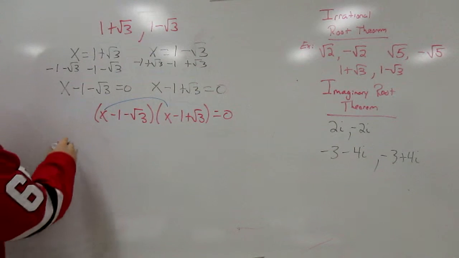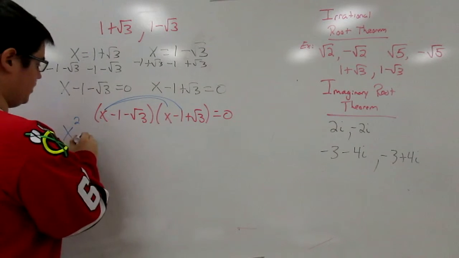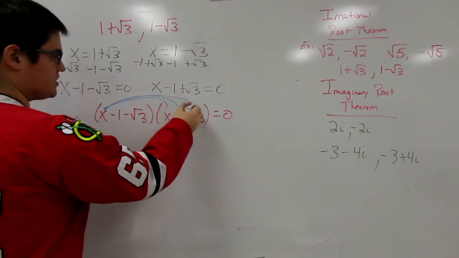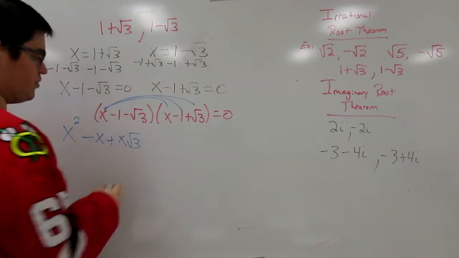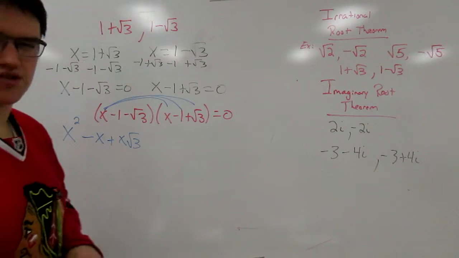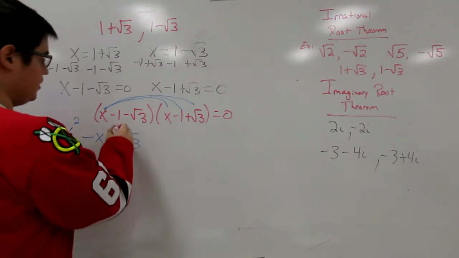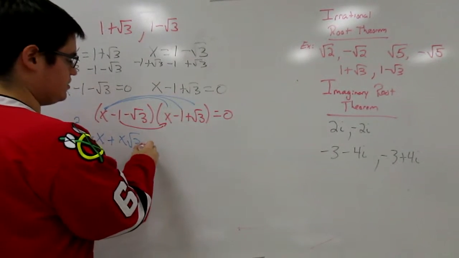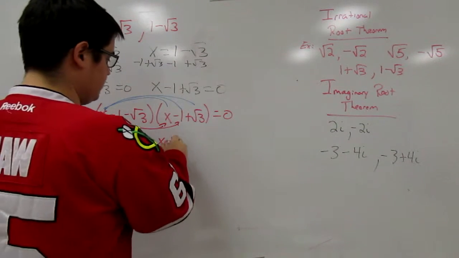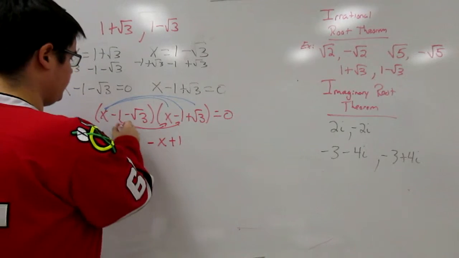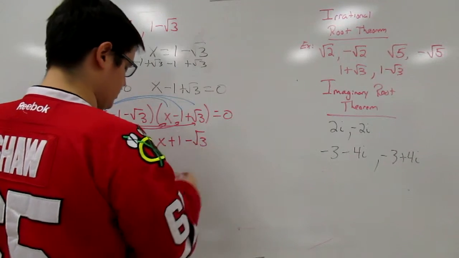X times x is going to be x squared. X times negative 1 is minus x. X times a positive square root 3 is plus x square root 3. I know some students actually write in different colors for this. It's up to you. It's easier for me, I have the board. Negative 1 times x is minus x. Negative 1 times negative 1 is plus 1. Negative 1 times square root 3 is negative square root 3.